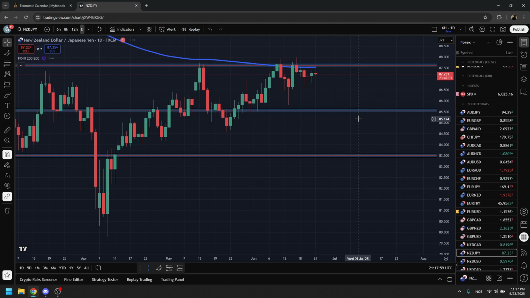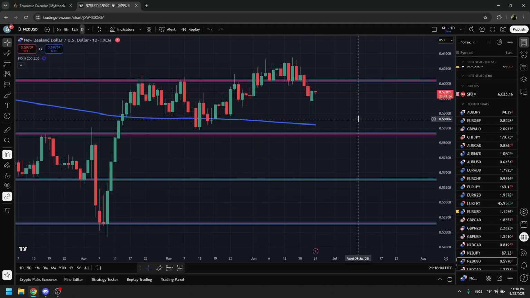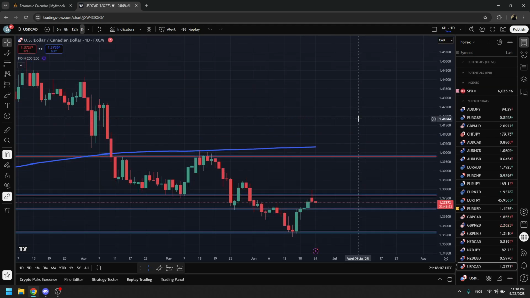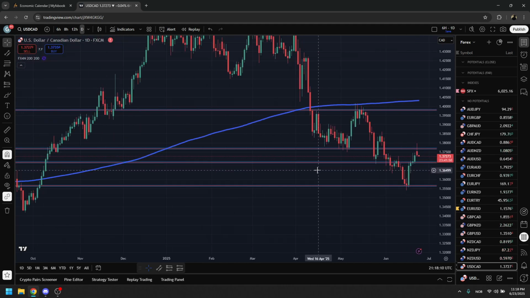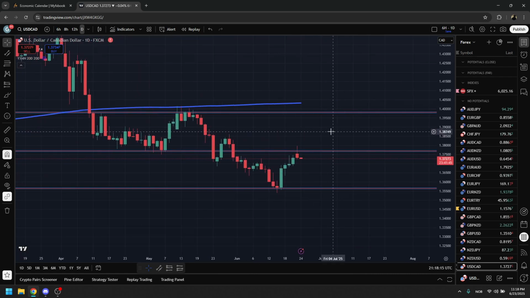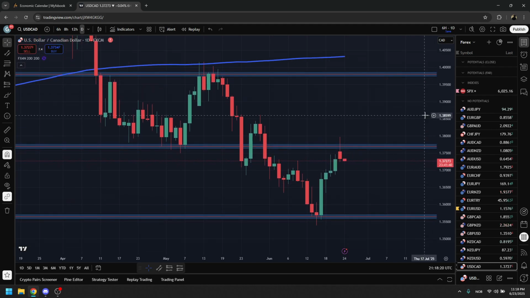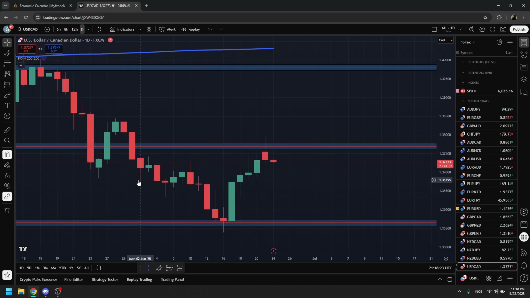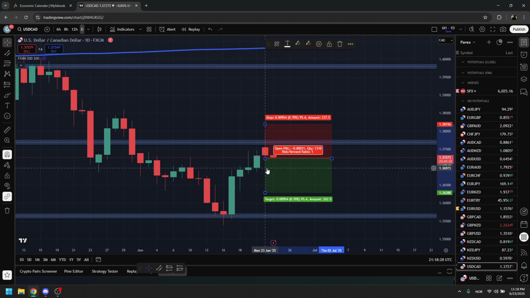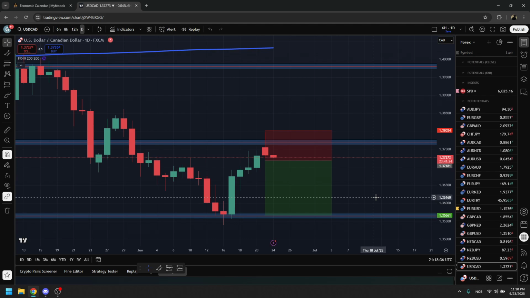No. No. Some SR confluence looks like. There we go. Yeah, that might actually be a trade. Might actually. Let me look at that. Nah.